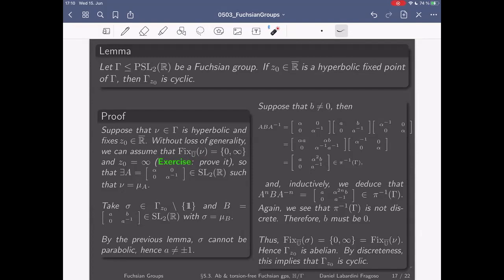And then we just take Z0 to be infinity, and that means we have a simplified presentation of our element nu as the Möbius transformation associated to a matrix of this form, alpha, 0, 0, alpha inverse.